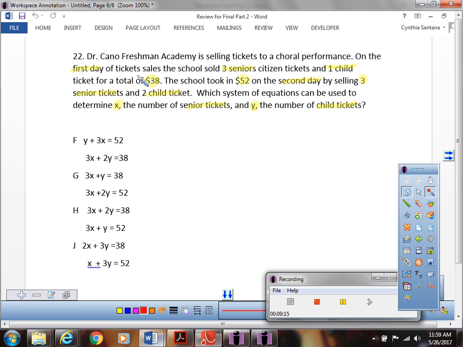You want to go back and again look for your totals. The first total was 38. Something has to calculate to equal the $38. They sold 3 senior and 1 child. So senior is x, they told you that x represents senior, and that's important to know, and y represents child ticket. So it would be 3 times x plus, and then how many child? 1, so 1 times y. That would be your first equation.